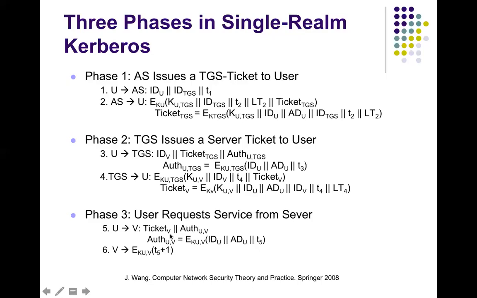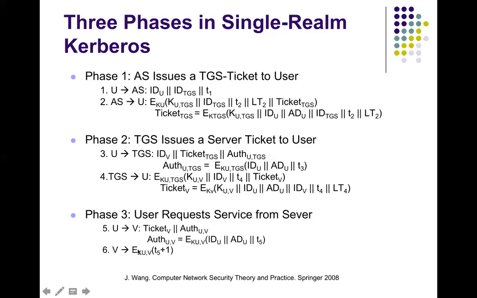Then the server V can extract the session key from this ticket V and decrypt this, and then he knows this is from user U. To finish this protocol, V then sends a timestamp T5 plus 1 to user U, encrypted using the session key K sub U comma V between U and V.